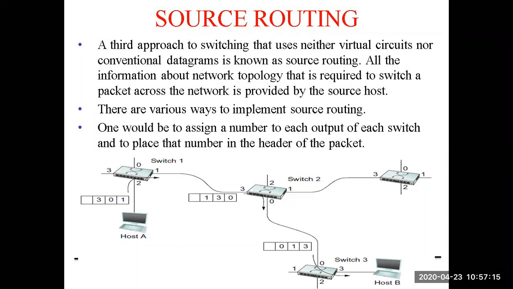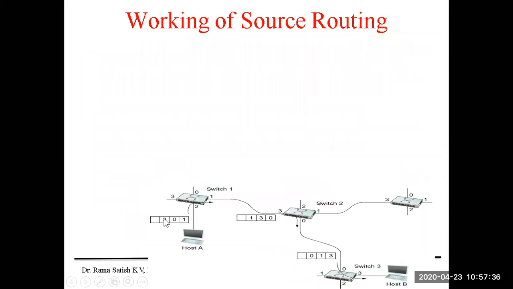In the case of datagram switching or virtual circuit switching, every time the switch used to take the decision, but here the decision is made only once, from the source. The source host itself will make the decision. So that's the thing.